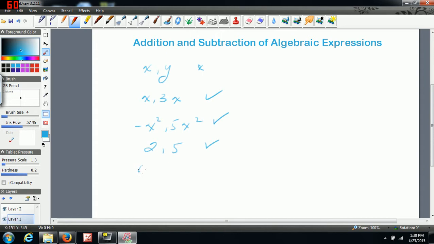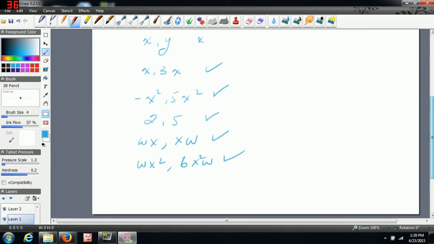If we had wx and xw, those would be considered like terms. wx squared and 6wx squared, written like that, are also considered like terms.